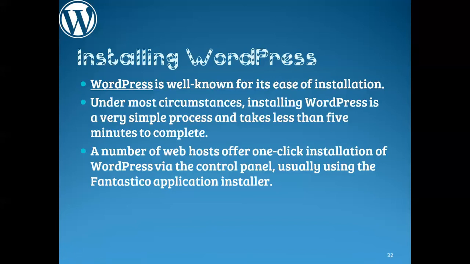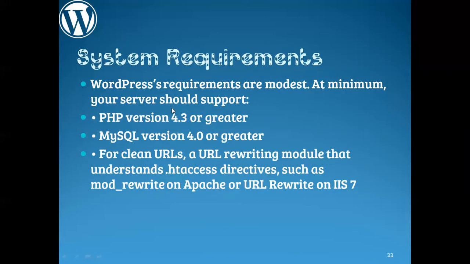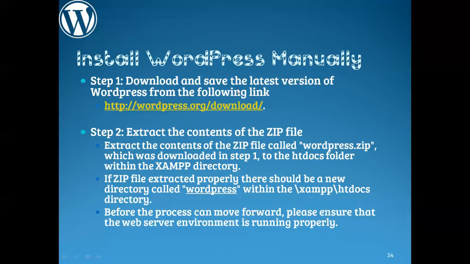So, how to install WordPress, the theory concept. WordPress, you know all these things. Here are the system requirements: PHP 4.3 or greater, MySQL 4.0 or greater. Install WordPress manually. Download and save the latest version of WordPress from the following link. This is the link, wordpress.org.